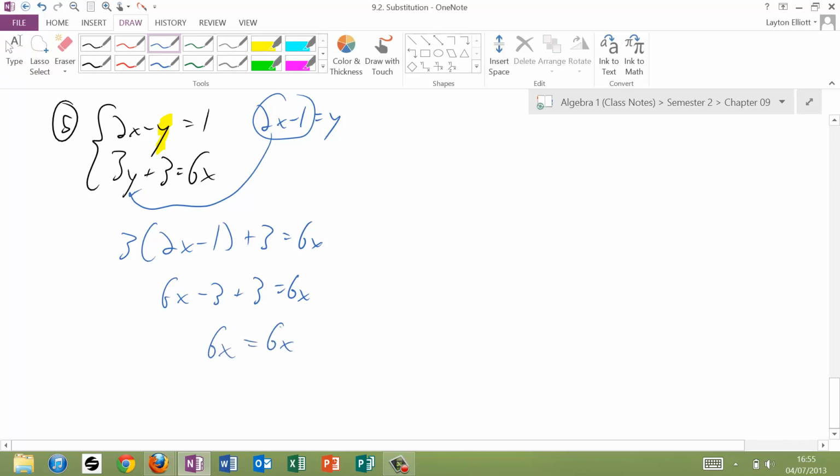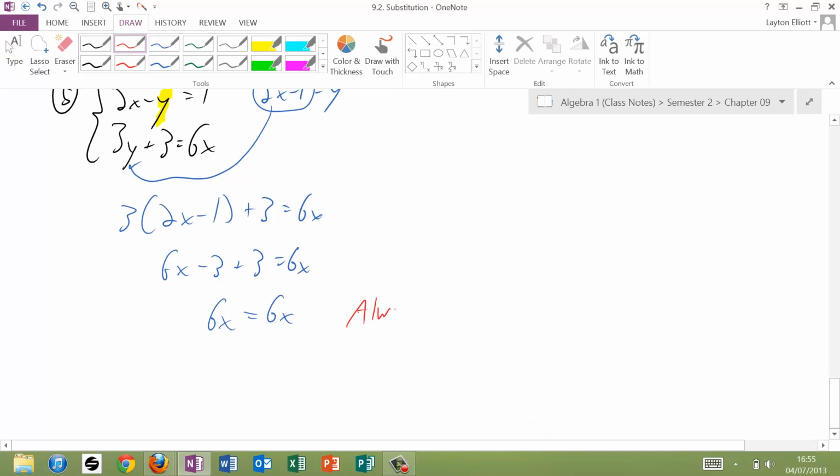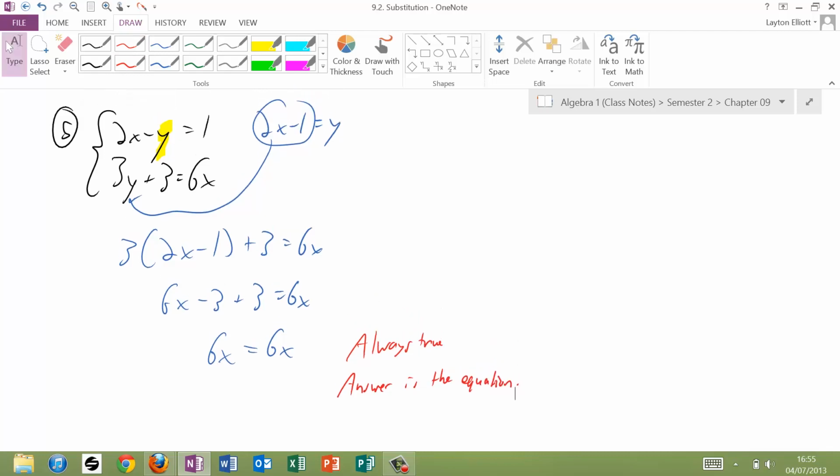If I simplify the left side, I get 6x, and if I simplify the right side, I get 6x. Now, 6x equals 6x. That we can stop at. I could say that this is always true. Since it's always true, my answer is the equation. You may say, which equation? Well, they're actually the same equation.